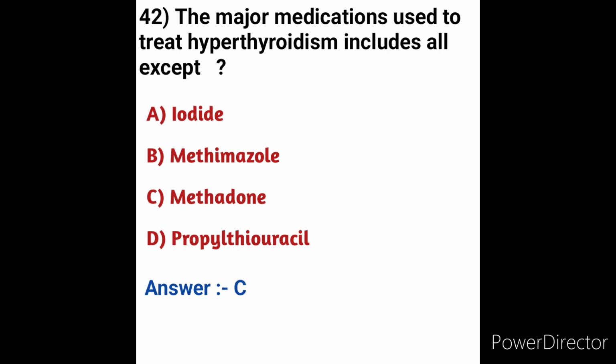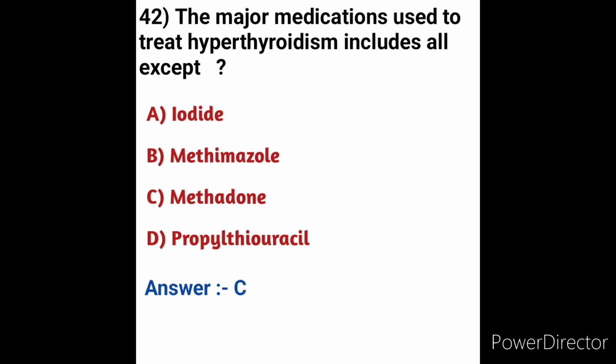Next, option D, propylthiouracil. Propylthiouracil is used before thyroid surgery and radioactive iodine treatment. So these three medicines can be used for hyperthyroidism, but option C, methadone, is not used for hyperthyroidism. The exception here is methadone. Option C is the correct answer.